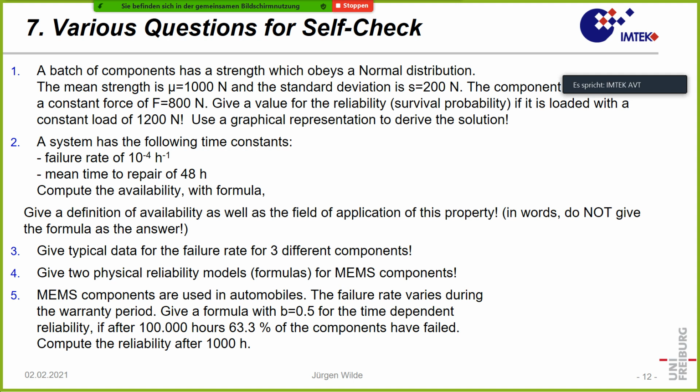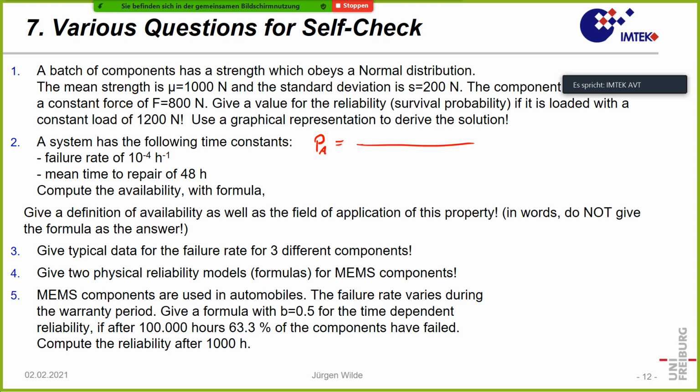The availability which we mean here is the average availability, so it's PA. And how is it defined?